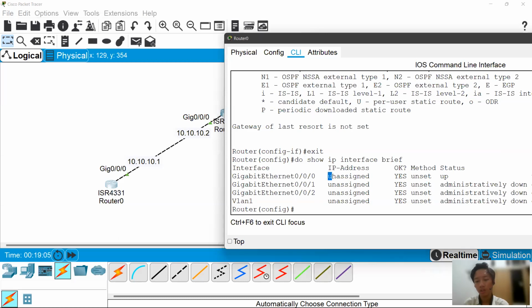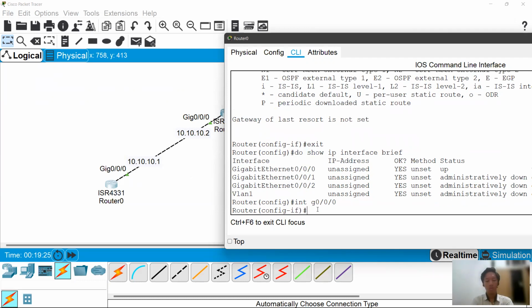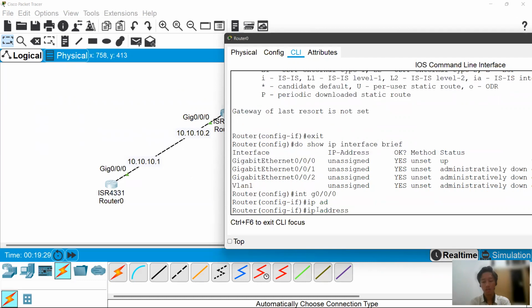The IP address is unassigned. We must configure the IP address on every router first, so choose ip address.